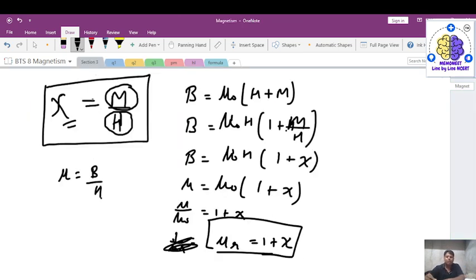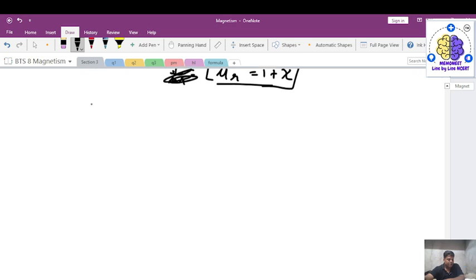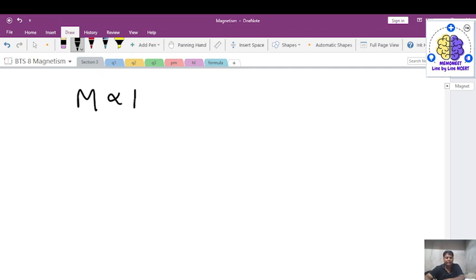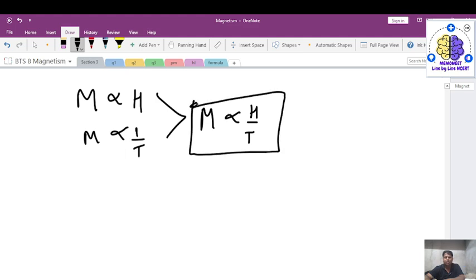Now let's come to Curie's law. What Curie's law says is that, from experiment, it is found that the intensity of magnetization, capital M, of a permanent magnet is directly proportional to the magnetizing field intensity, that is H, and is inversely proportional to the absolute temperature, that is 1 upon T. Combining this we get M is proportional to H upon T. This is what Curie's law states.